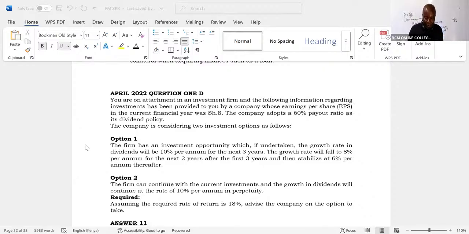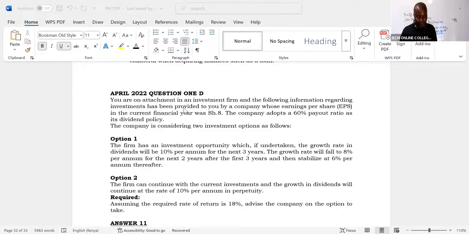You are on an attachment in an investment firm, and the following information regarding investments has been provided to you by a company whose earnings per share in the current financial year was 8. The company adopts a 60% payout ratio as its dividend policy. The company is considering 2 investment options as follows.